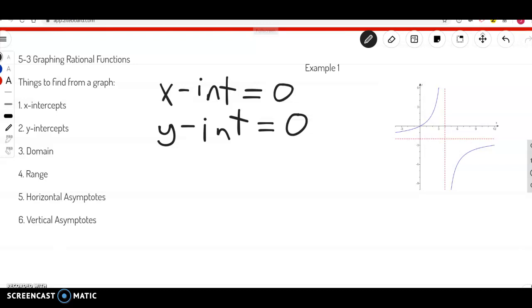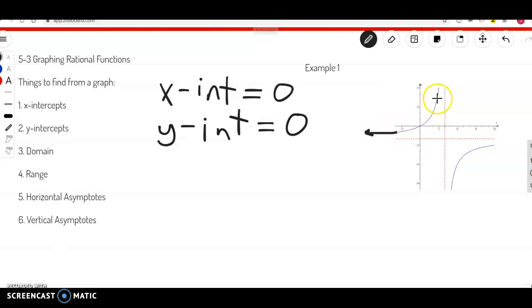When we move on to the domain, we're going to look and see what x values are being hit by our graph. And so notice here on this piece of the graph, this is going to go to the left forever.